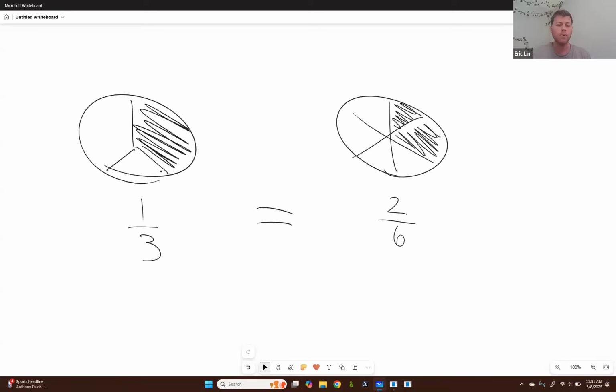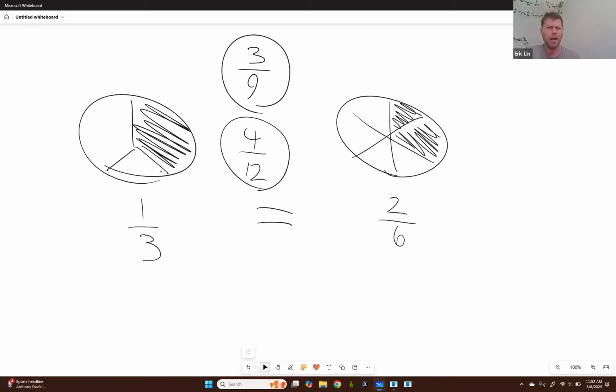In a mathematical way of speaking, we would say they have the same value. So there are multiple fractions that have the same value. As a matter of fact, 2/6 is not the only one that is like 1/3. I could also have 3/9, which I'm not going to bother drawing, and 4/12, and 5/15, and so on and so forth.